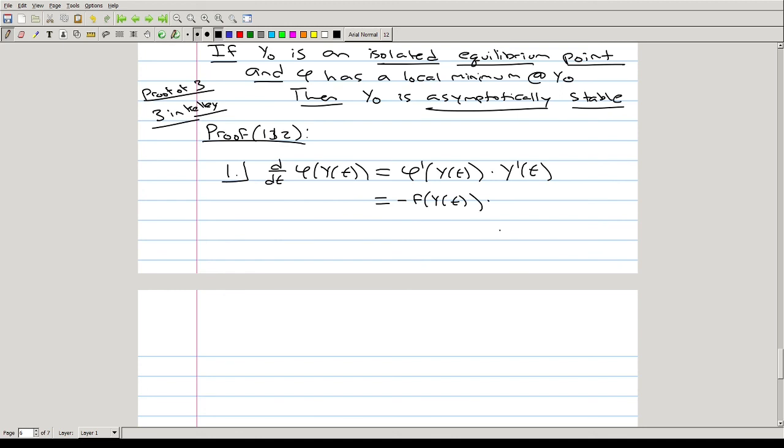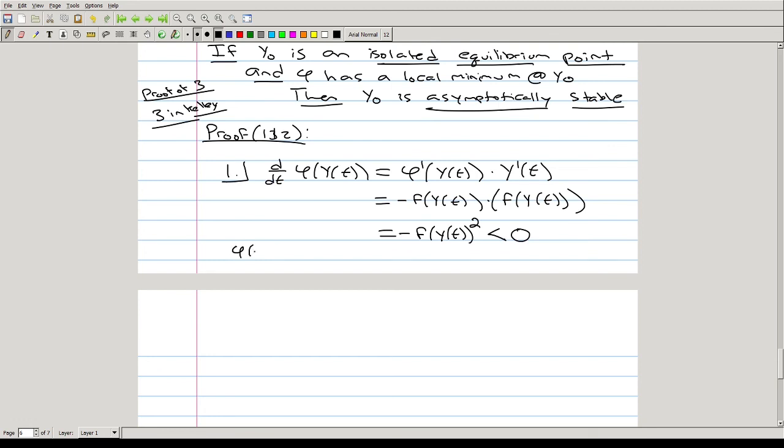And we also have that y satisfies the differential equation, so y prime is also equal to f of y of t. This is negative f of y of t squared, and f of y of t squared is always positive, which means this is always negative, which proves what we want to prove, because this is showing that the first derivative of the composition phi of y of t is always negative.